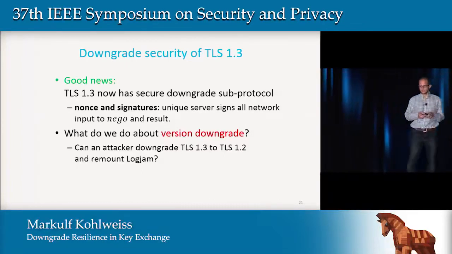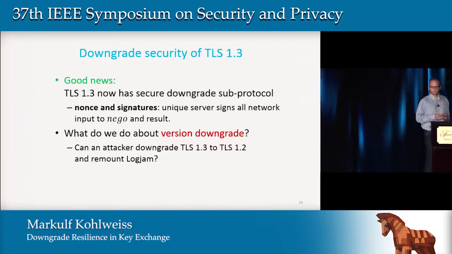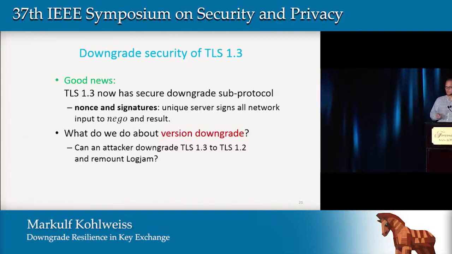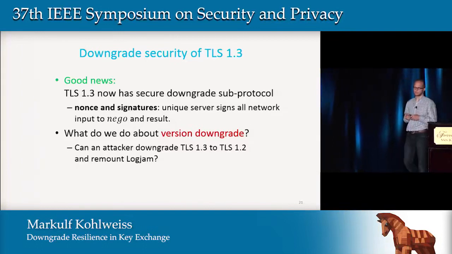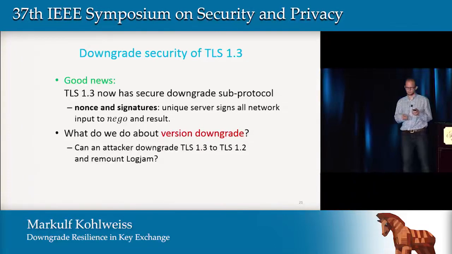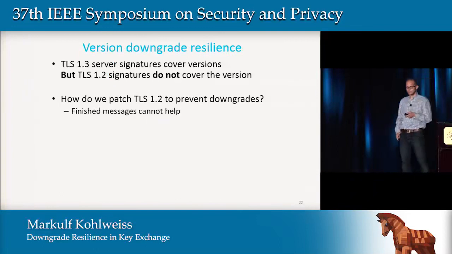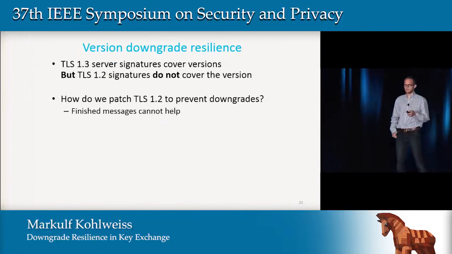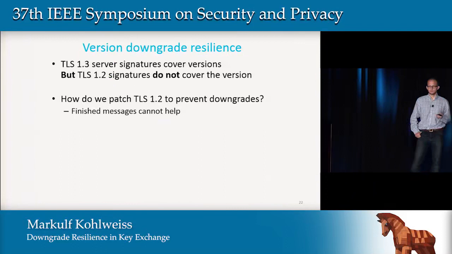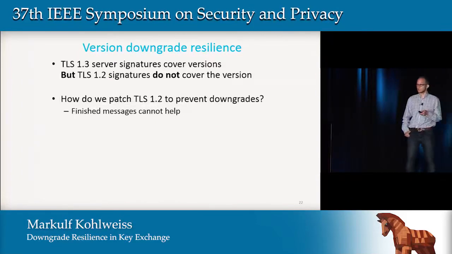Can we downgrade TLS 1.3 to TLS 1.2 and remount Logjam? Unfortunately, there's nothing in the TLS 1.3 standard that could prevent such a downgrade because the version is never signed. So the question is how to patch 1.3 to prevent downgrades.